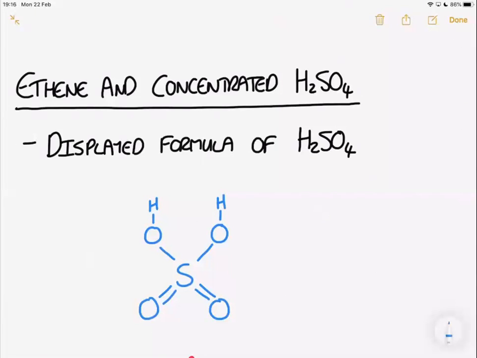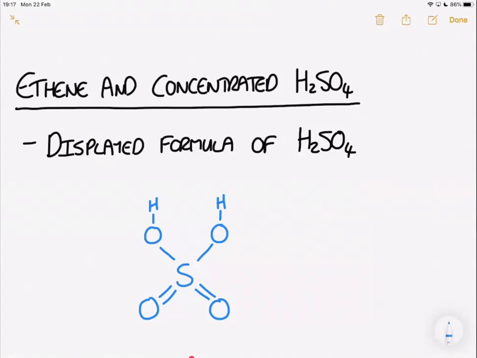If you can't remember, then you practice sketching it, and you do the same thing over and over again. You make it part of your revision, just like conditions for cracking or conditions for the breaking of a C-Cl bond in a CFC, that kind of knowledge stuff. Put it into that bank of questions because you have to know it in order to do this mech. So there it is.